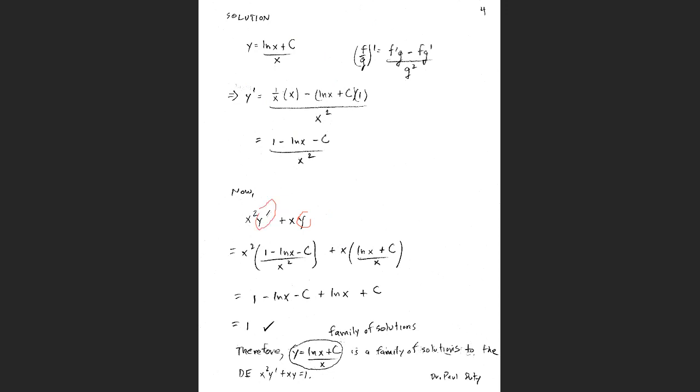I'm substituting in what I think y is and what y prime is. And when we work it out, we get the left-hand side equals 1. Therefore, this is a family of solutions to my differential equation.